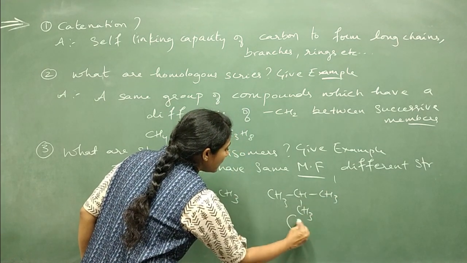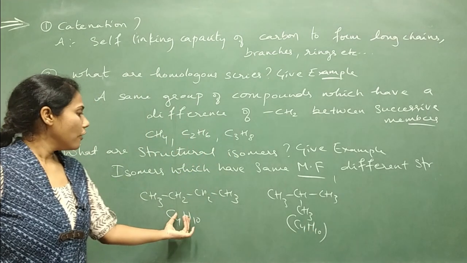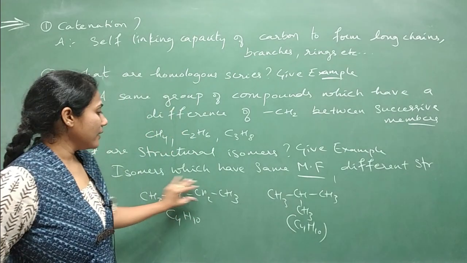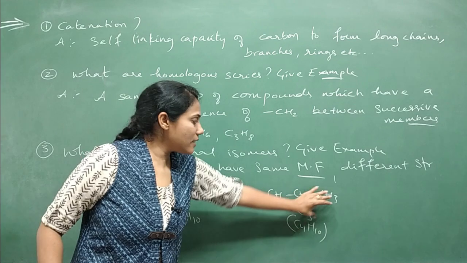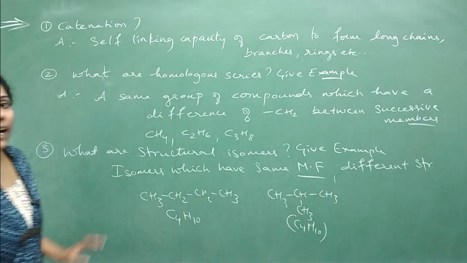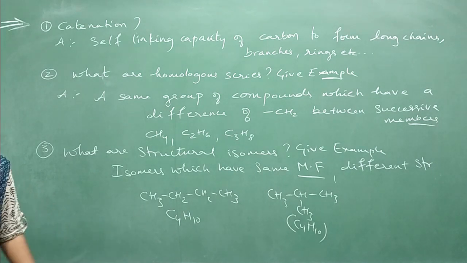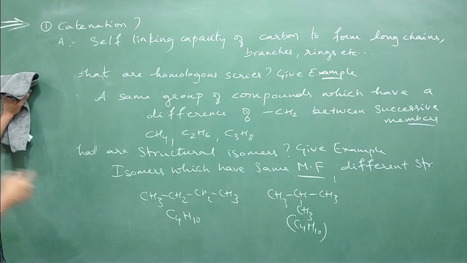What is its formula? The formula is C4H10 only. See here, the formulas are the same, but the structure is different. Here we have written it straight, but here the structure is branched. So such compounds are called structural isomers. Okay, so this is another important question from carbon and its compounds.